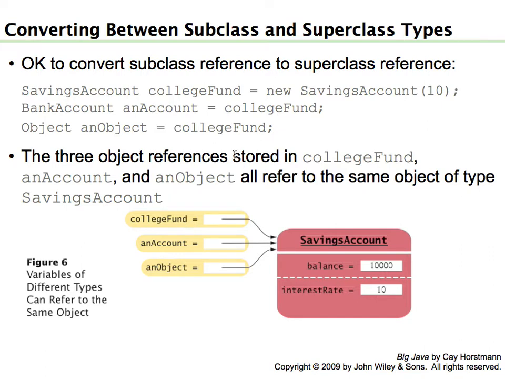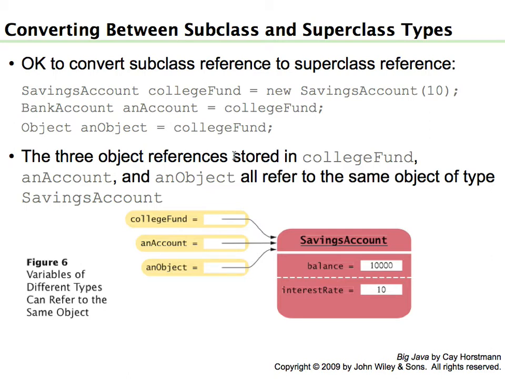Now, this topic, converting between subclass and superclass, is an important topic and may confuse you a little bit. The best way to think about it is to remember back when we talked about the primitive data types, the variable long and the variable integer.